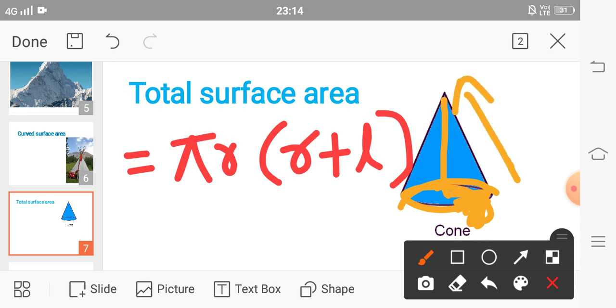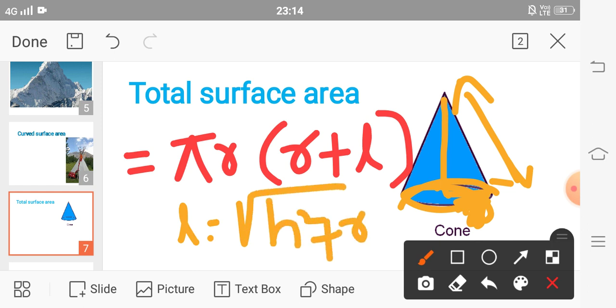We know that L equals under root of h square plus r square. h is the height of the cone. This is the total surface area formula, pi r into r plus L.